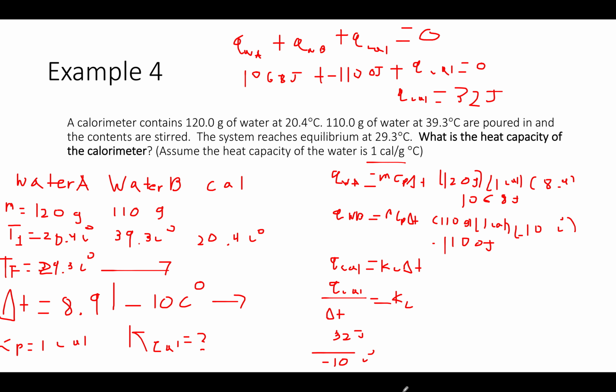You get the heat capacity of the calorimeter to be 3.2 calories per gram degrees centigrade. And that is the final answer.